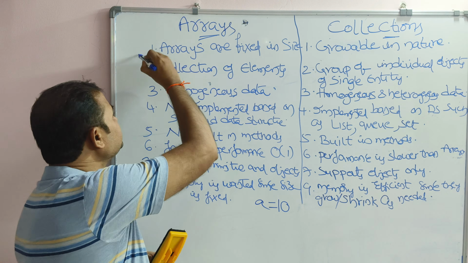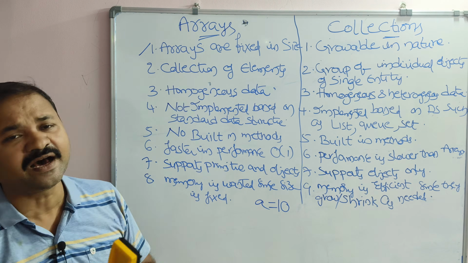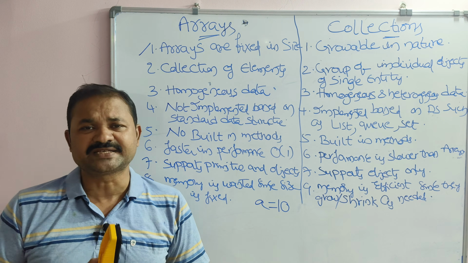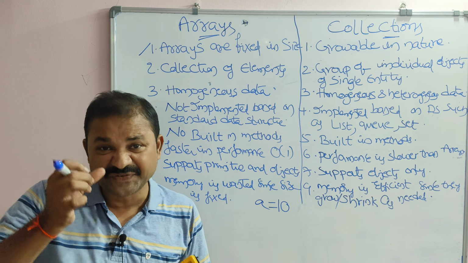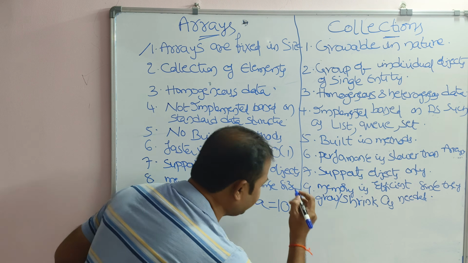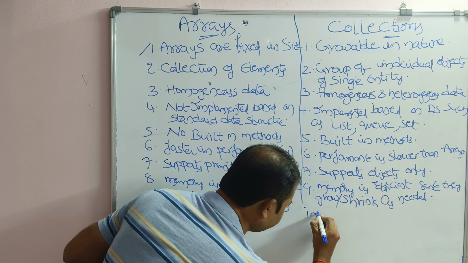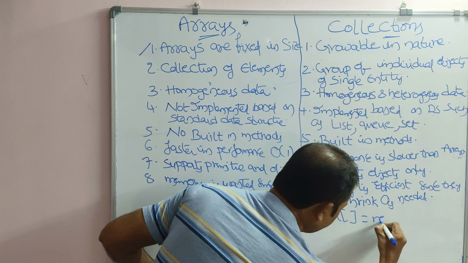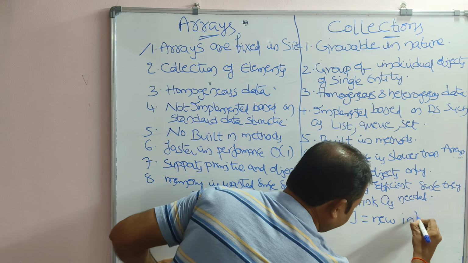The first difference is arrays are fixed in size. So the size of the array is fixed. How can we declare an array in Java? int a[] = new int[5].